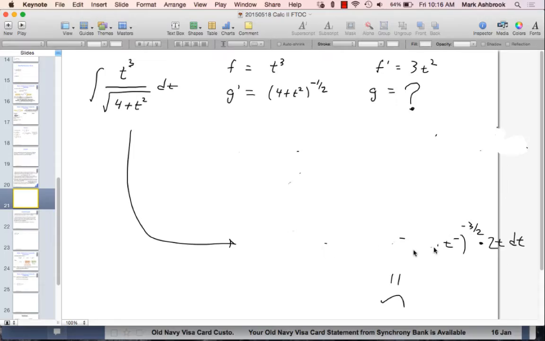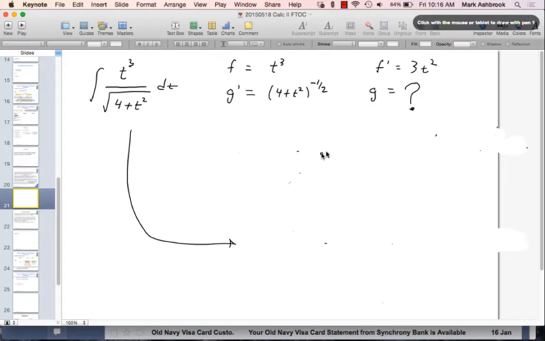Remember we asked the question, what would we need in that g prime in order to do a little undoing the chain for g prime to g? We'd need a t. Okay, so that's the hint. If we had that times t, we could do the antiderivative and get g.